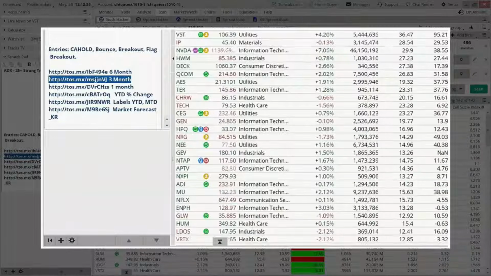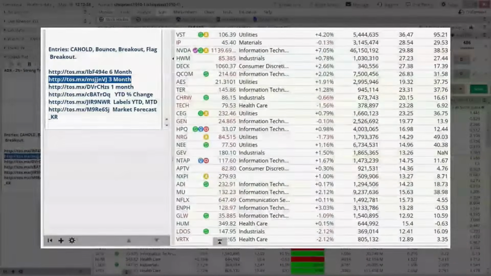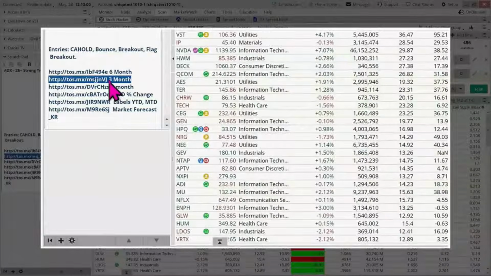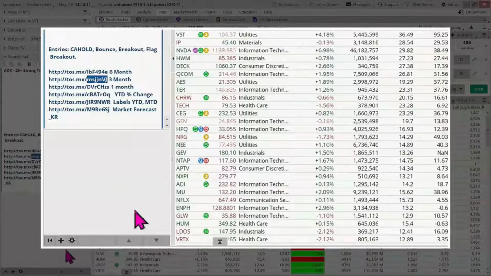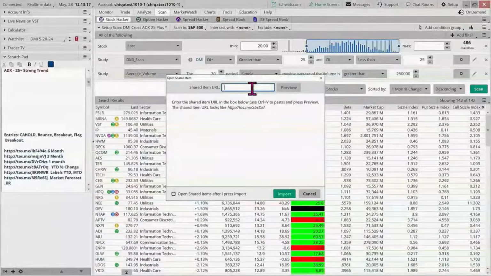You could use that whole URL and stop at the point where I start describing what it is, 3 month or 1 month, or you could just take these 7 characters here, and then copy and paste. You just say open shared item.